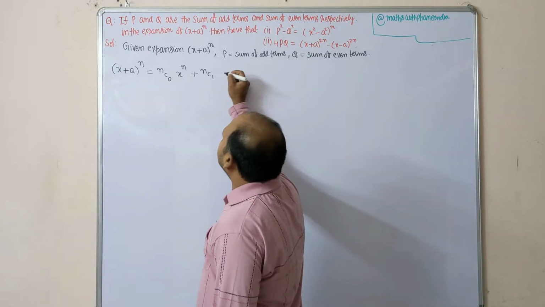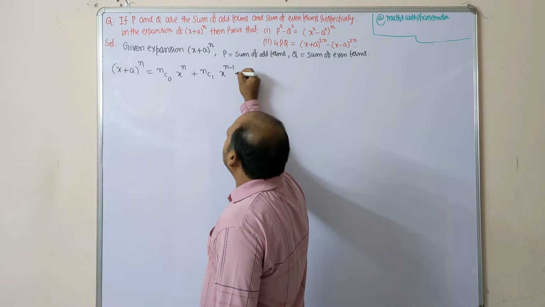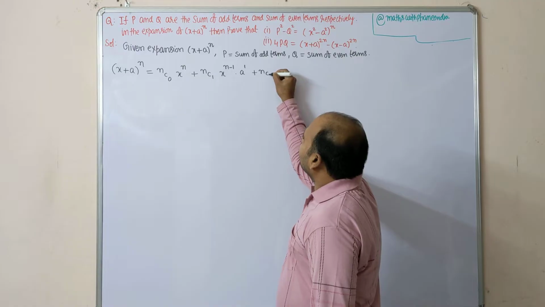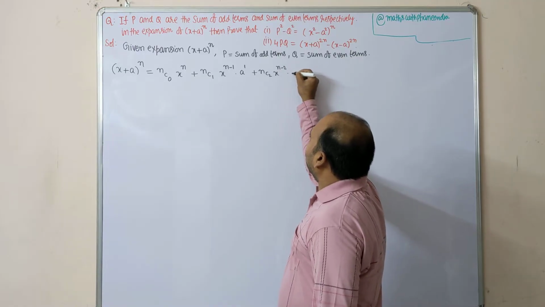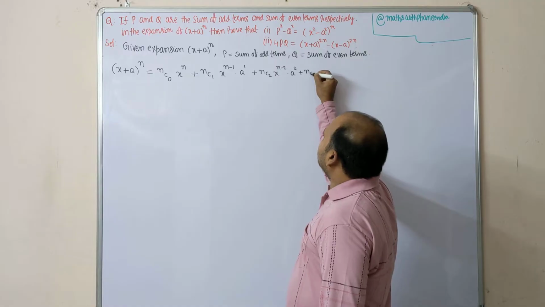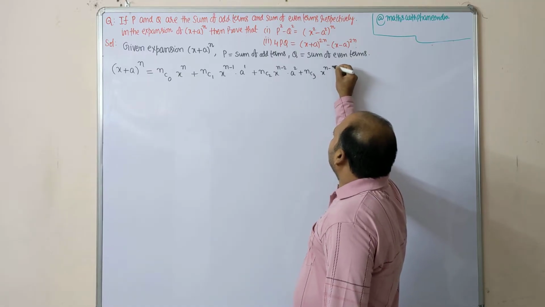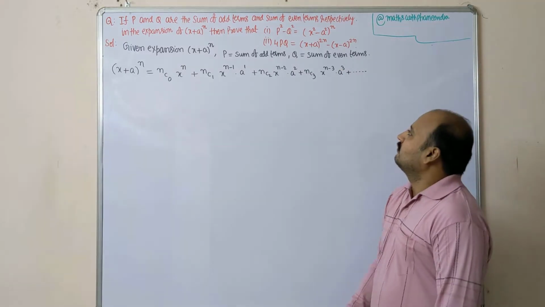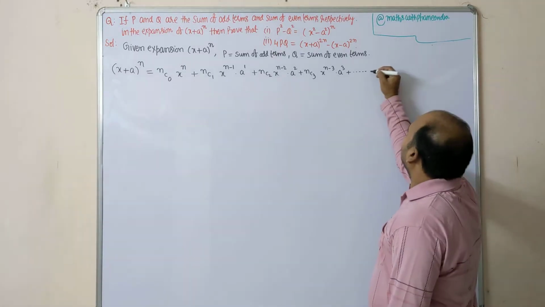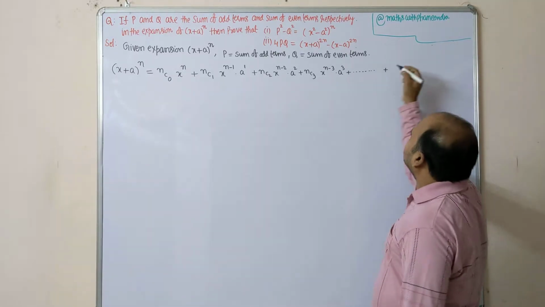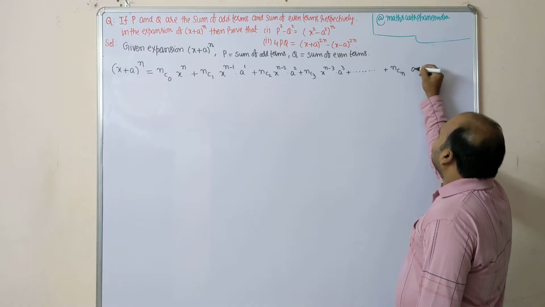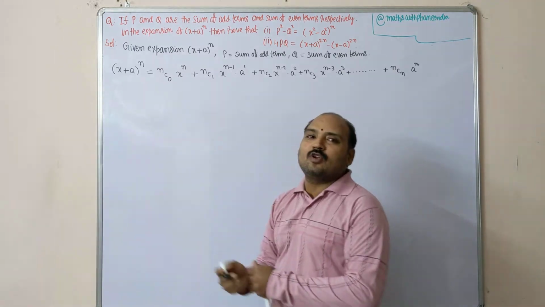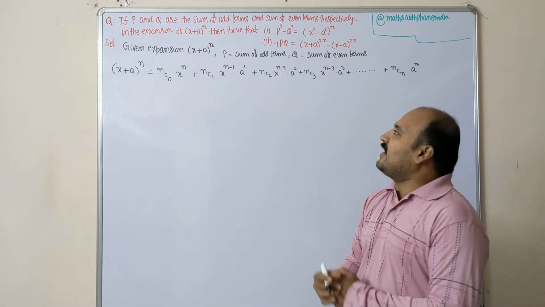So plus nC1 x power n minus 1 a power 1, plus nC2 x power n minus 2 a power 2, plus nC3 x power n minus 3 a power 3, plus and so on. Last term nCn a power n will come. This is the expansion of (x plus a) whole power n.